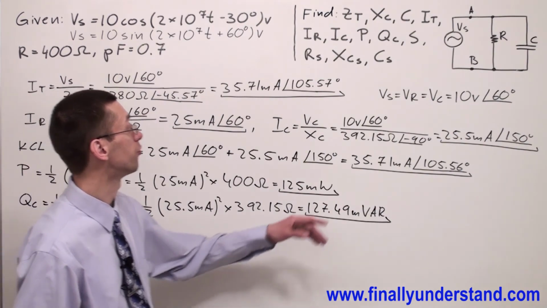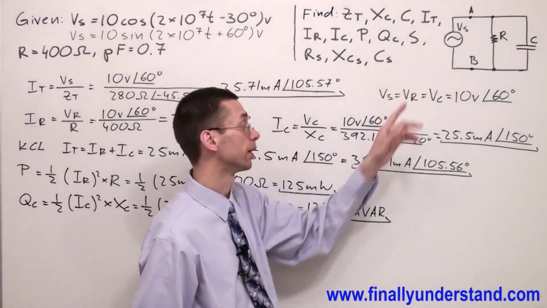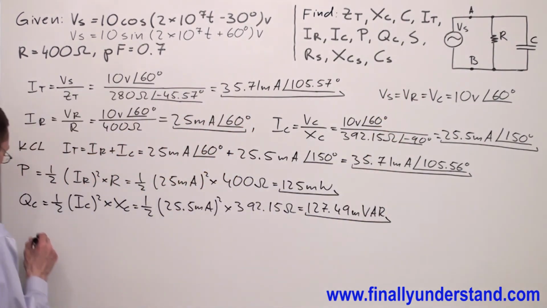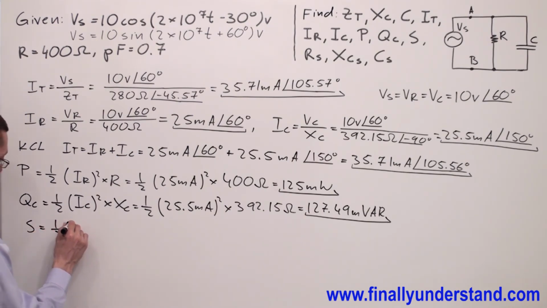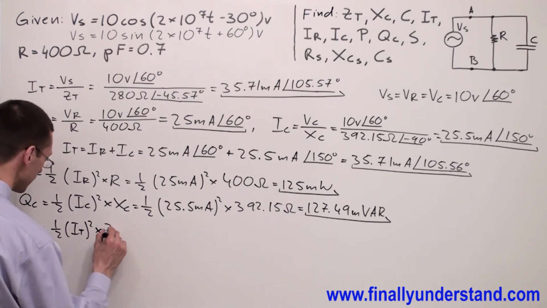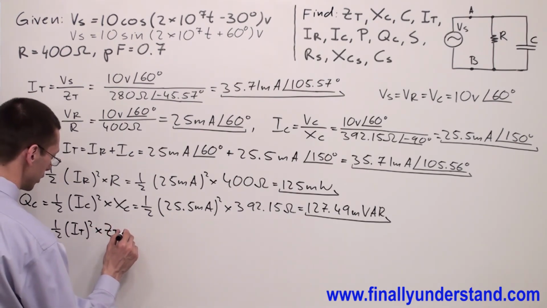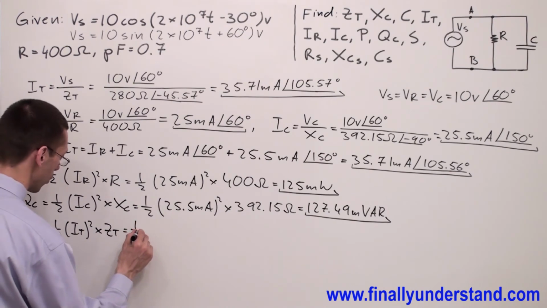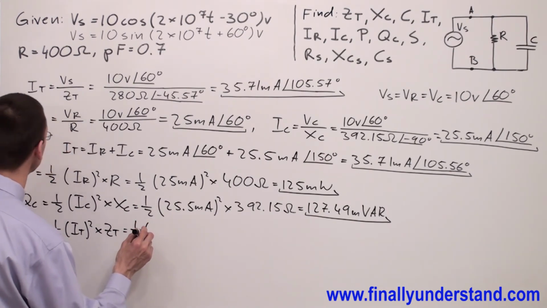Next, we're supposed to find the apparent power. S is equal to 1/2 I total squared times Z total, which is equal to 1/2 times I total.